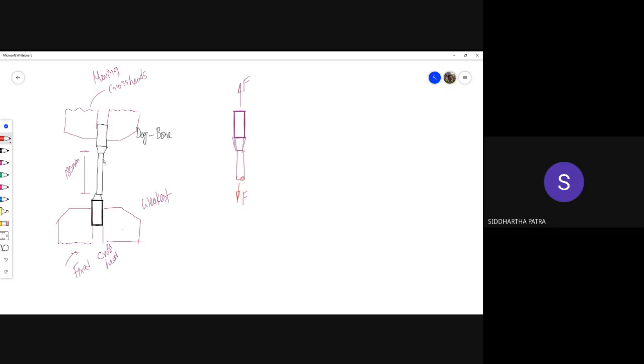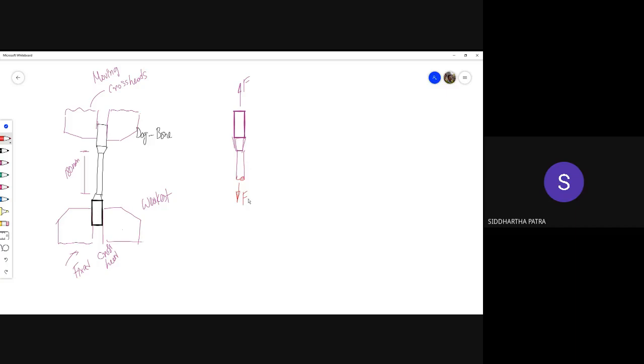Of course, it is elongating, but it is not accelerated. It is not moving anywhere. It is being pulled, keeping it in stationary position. So it's in equilibrium, so the two forces must be the same. Otherwise, there would be an acceleration, but that's not there.